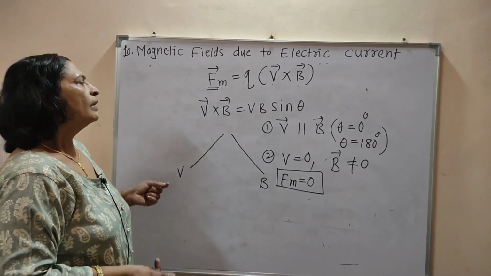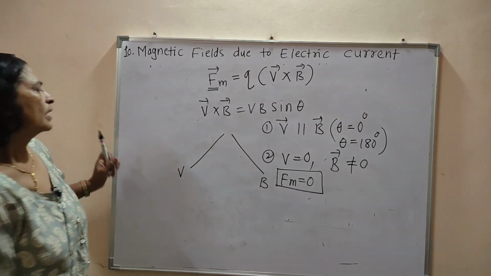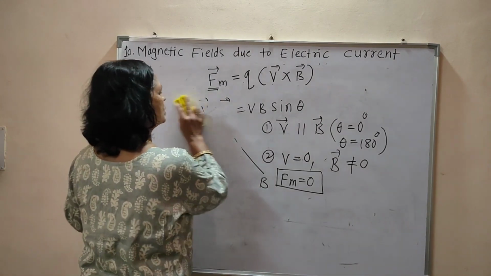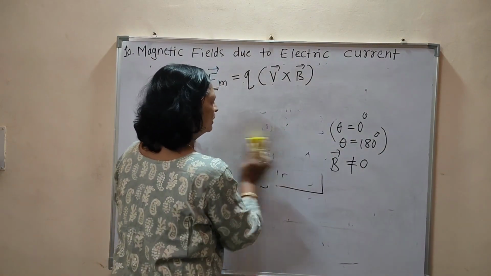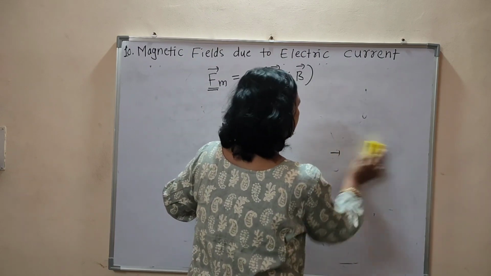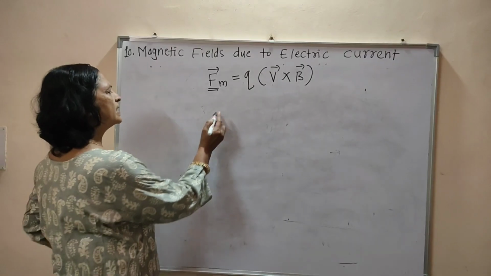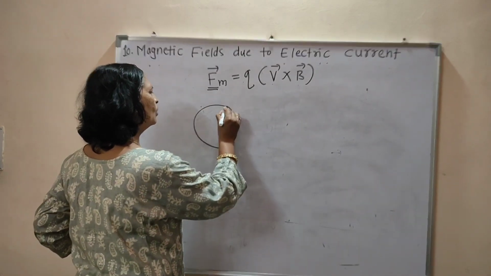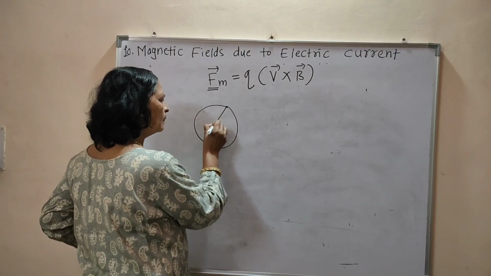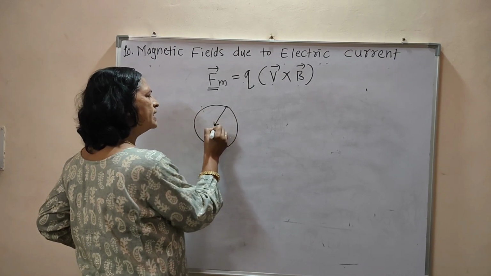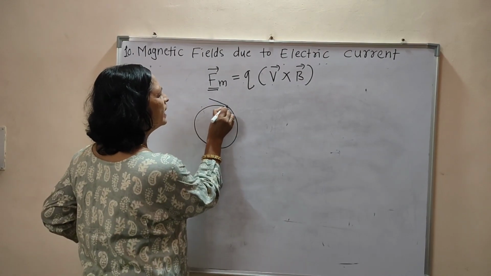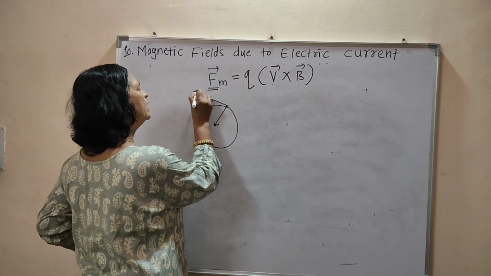Then we have to study the magnetic force in detail. We already studied this in circular motion. What happened in circular motion? In circular motion, the centripetal force is towards the center of the circle, and the direction of velocity is tangential.